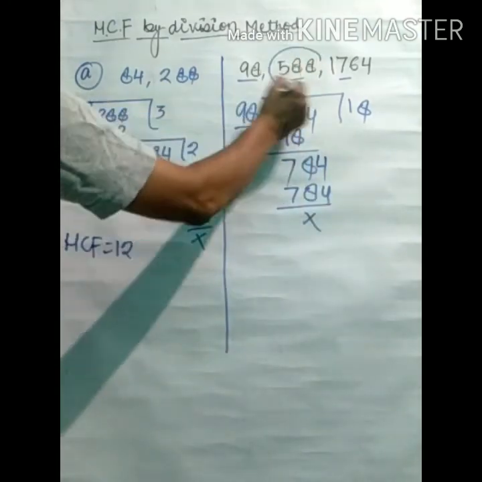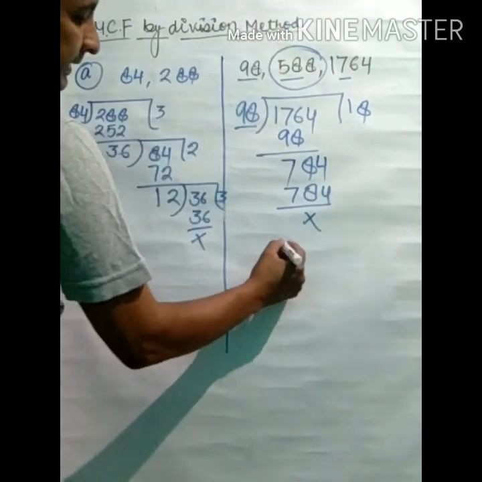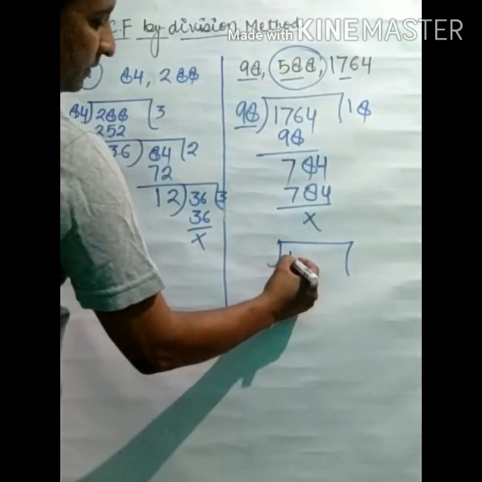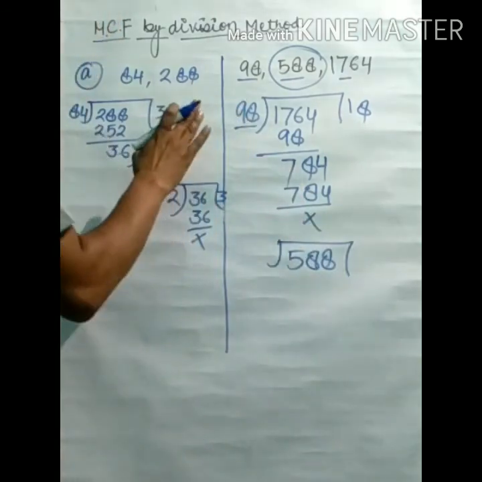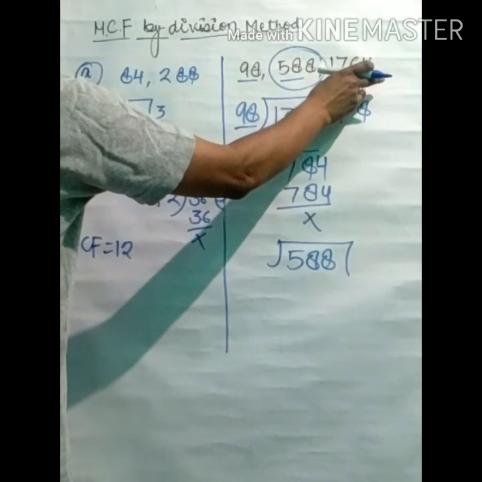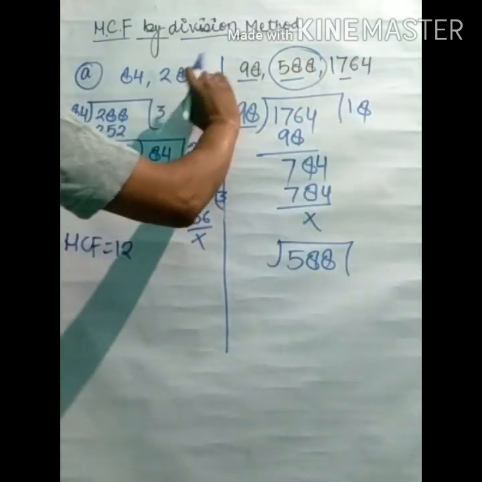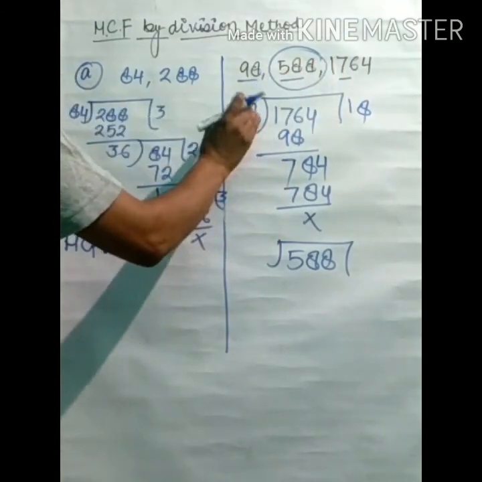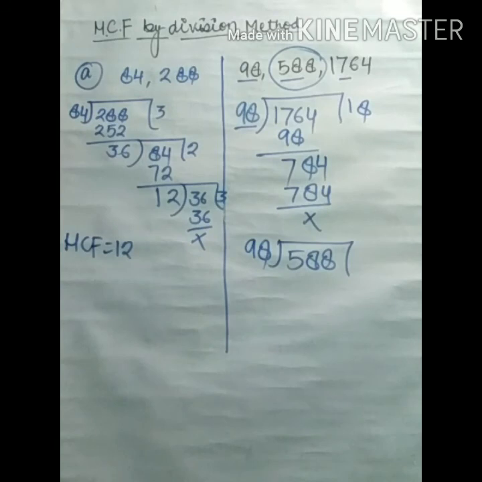Now one more number is there, 588. With 98 you can try this also, whether 98 can divide 588 or not. The HCF of 98 and 1764 is 98, but we need to find the HCF of all three. So with 98 you can divide this also: 588 divided by 98.